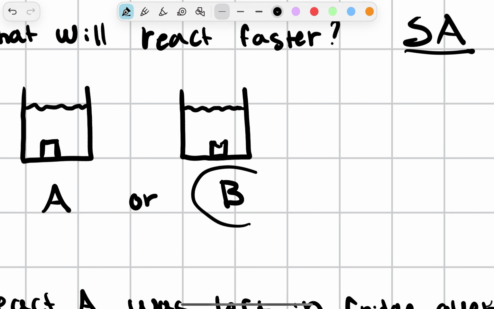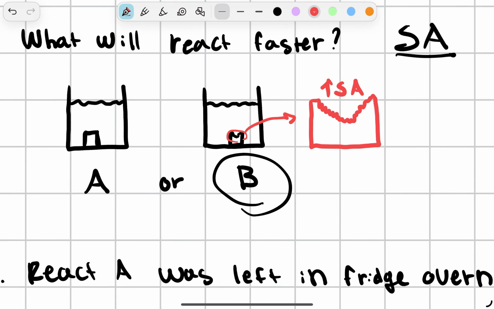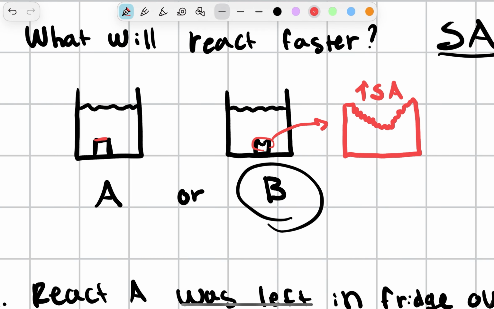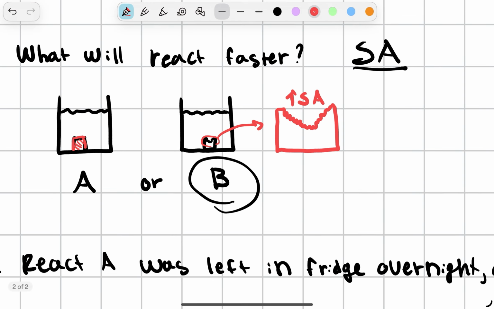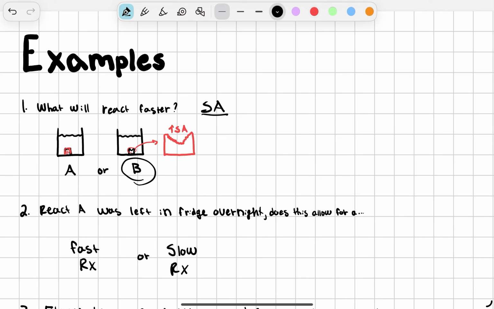Well, it's B. Because if we make this a little bit bigger, we can actually see that all these little dents and rivets are increasing the surface area. Whereas in this image, you can only get the 4 sides of the cube, meaning less collisions. So B will react faster.